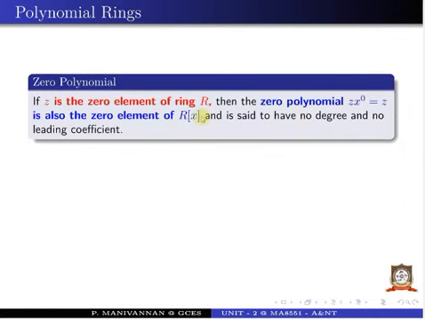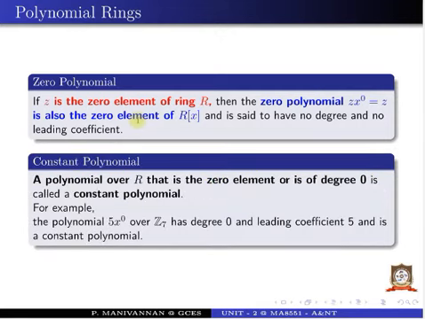Then what is the zero polynomial? If z is the zero element of the ring R, then the zero polynomial z x power 0 is also the zero element of R of x and is said to have no degree and no leading coefficient. What is a constant polynomial?